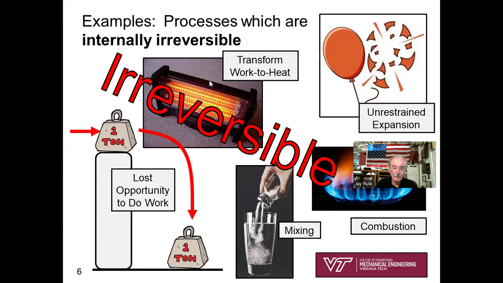Friction, internally irreversible. Lost opportunity to do work: we shove a weight off the top of a cliff, but we don't extract any work. That's internally irreversible. Mixing, combustion, these are all examples of processes that are definitely irreversible. It doesn't matter where you put the irreversibility. By golly, they are irreversible processes.